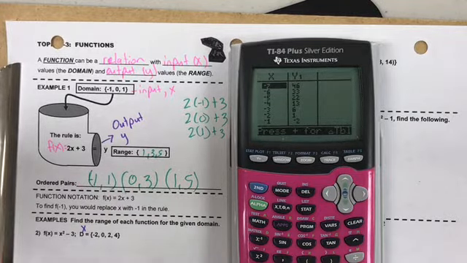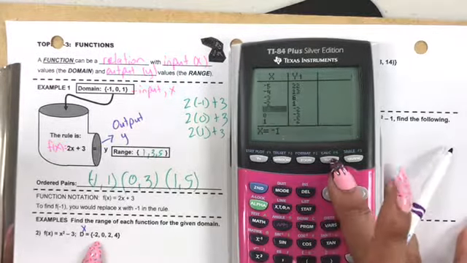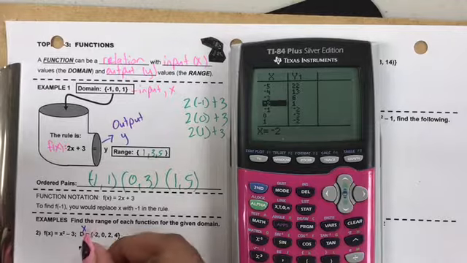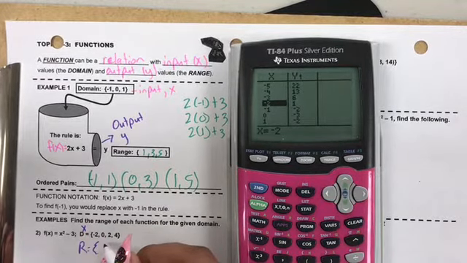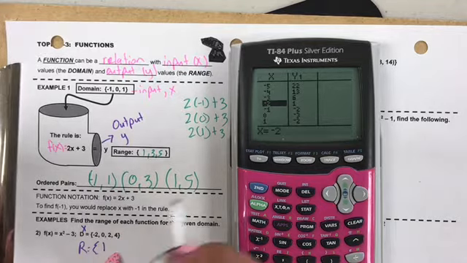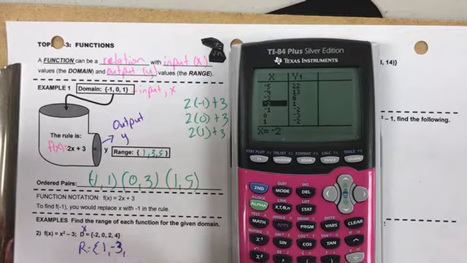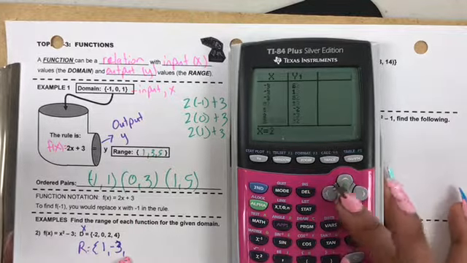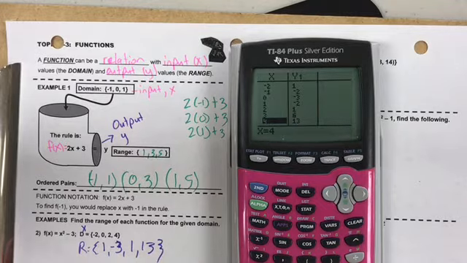So look on the x column, and you will find those 4 values. So at -2, my range is 1. At 0, my range is -3. At 2, my range is 1. And at 4, my range is 13. So that's how to quickly find it in the calculator.